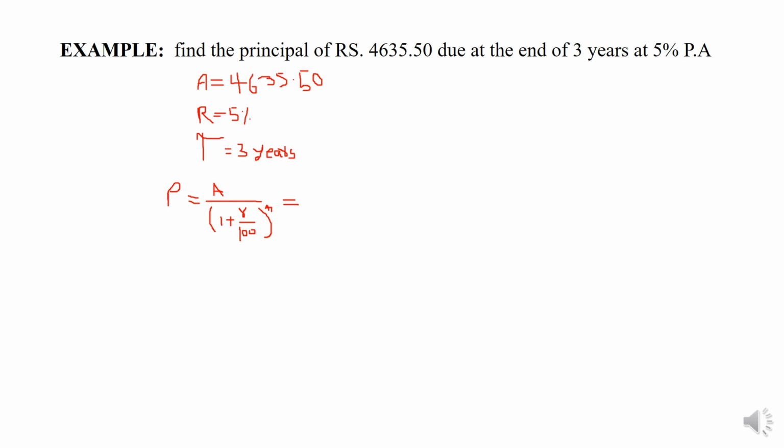the principal amount. So the amount is already given, which is 4635.50, divided by 1 plus 5 divided by 100, and n is 3.